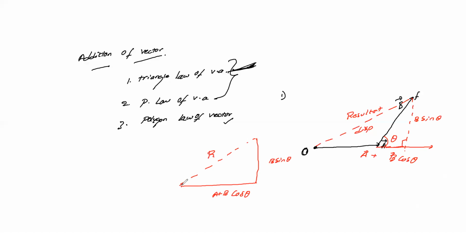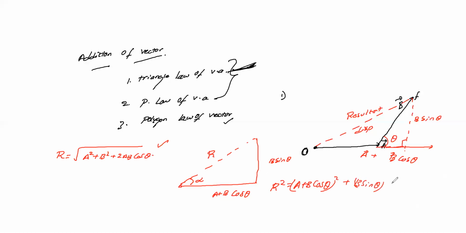To find the direction of the resultant, we take an angle alpha. From this relation, the resultant is the hypotenuse, so by the Pythagoras theorem, R squared is equal to (A plus B cos theta) whole squared plus (B sin theta) whole squared.